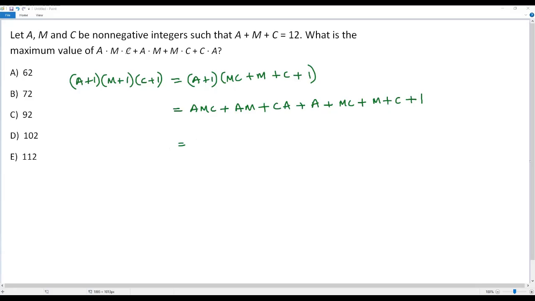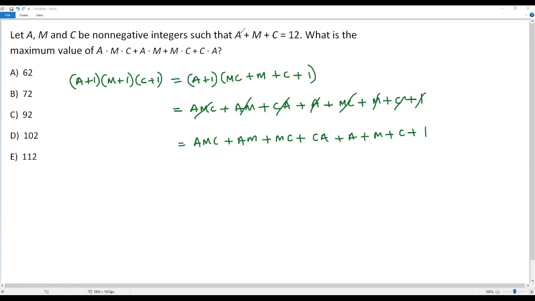Okay, now let's collect the terms in this expression. First AMC, then AM, then MC, then CA. Now we can write A, M, then C, then plus 1.